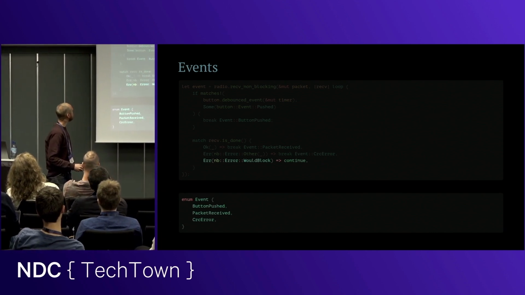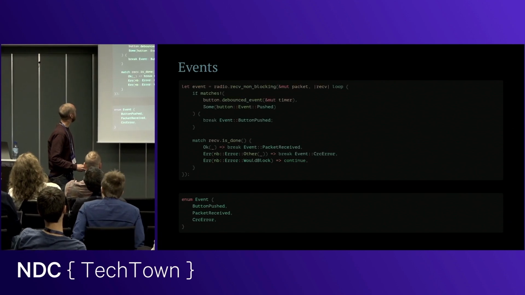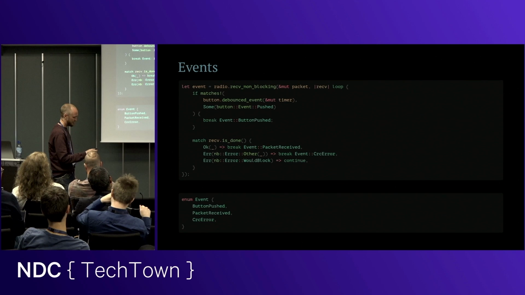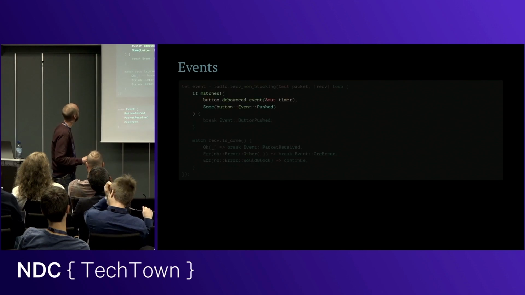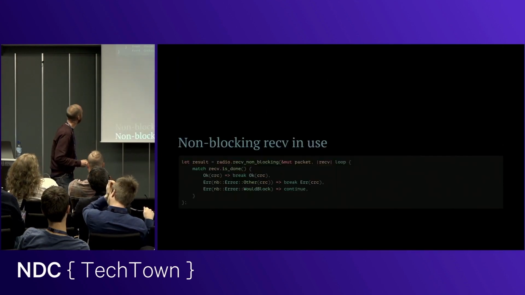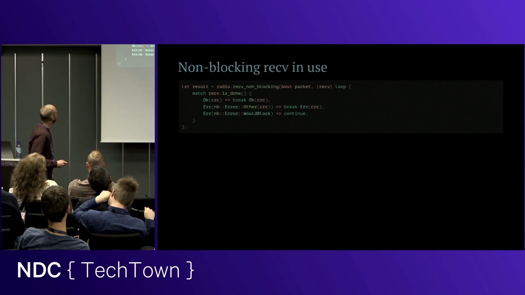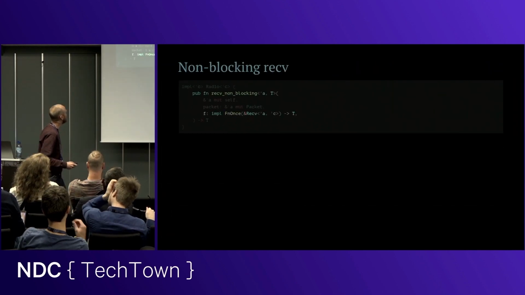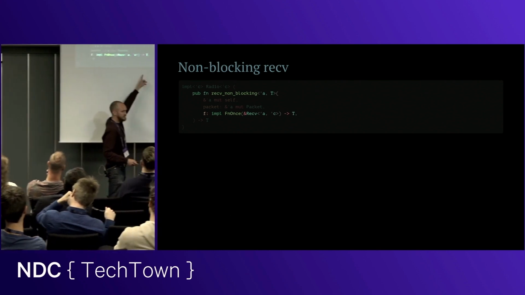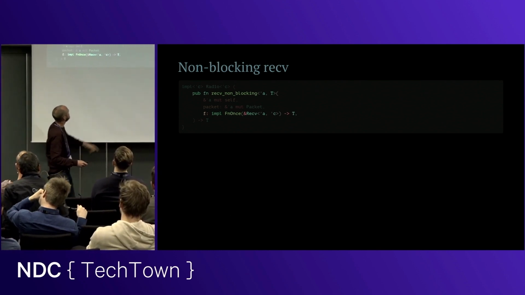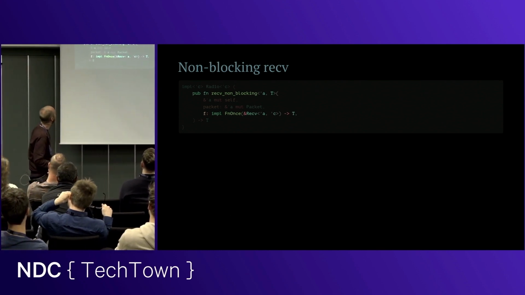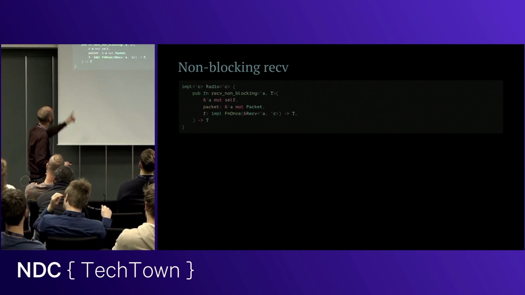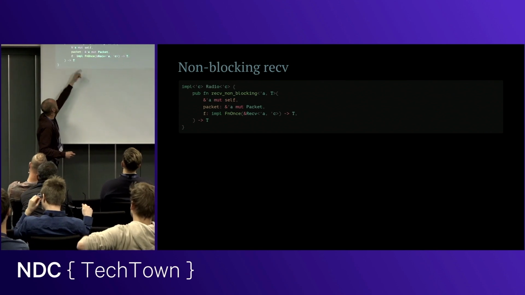I forgot to mention one important thing here. The return type of the closure is generic, and the receive also returns this generic type.